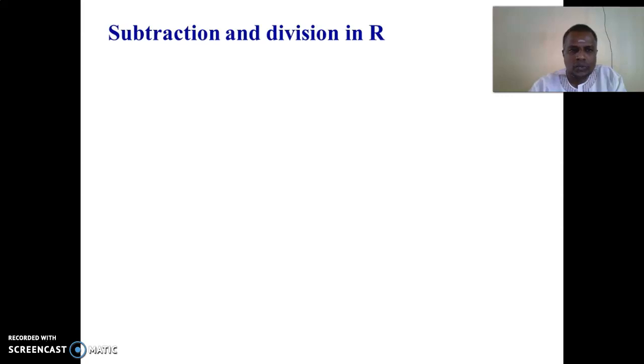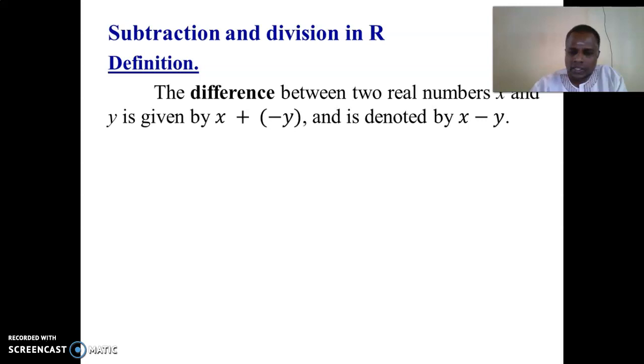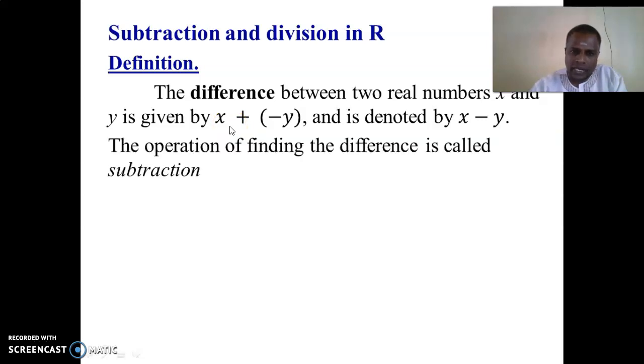Next, two important definitions: subtraction and division. These are defined from the basic definitions of addition and multiplication. The difference between two real numbers x and y is given by x plus minus y and is denoted by x minus y. Here we write subtraction in terms of addition. The operation of finding the difference is called subtraction.